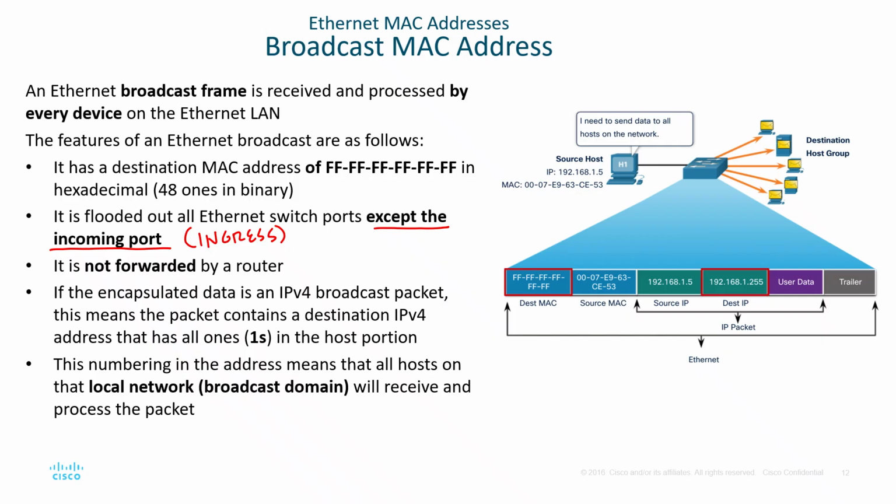Because I'm using all 4 bits. 8 plus 4 plus 2 plus 1 is 15. 15 in hexadecimal is an F. This numbering in the address means that all hosts on that local network, or what is referred to as a broadcast domain, will receive and process the packet.